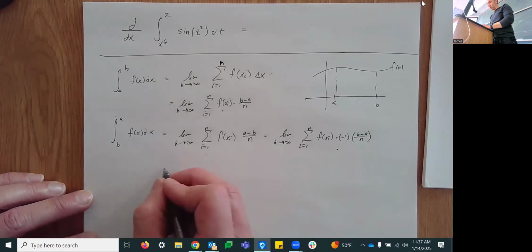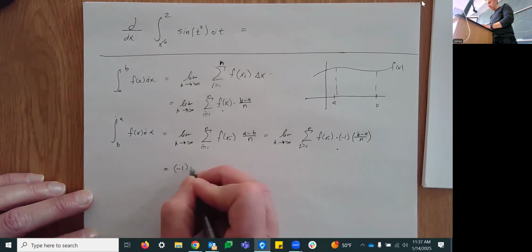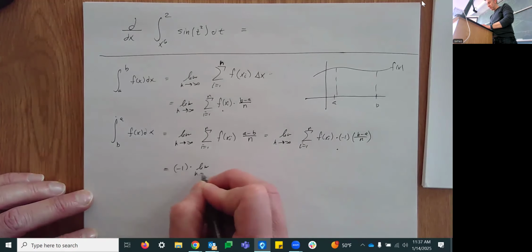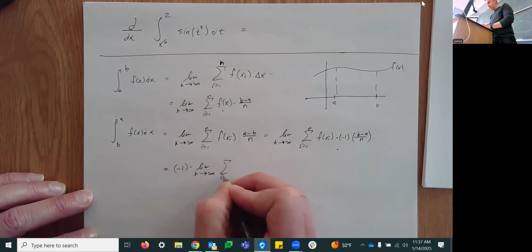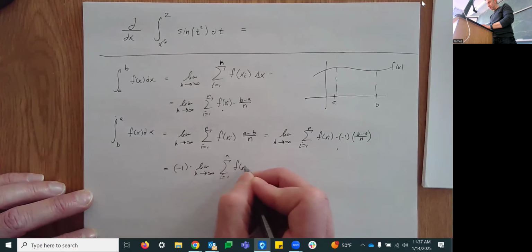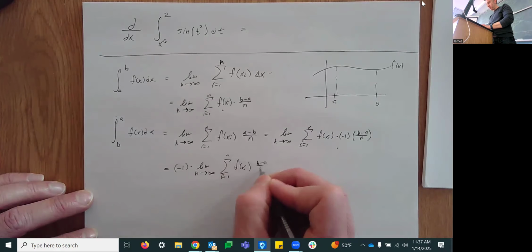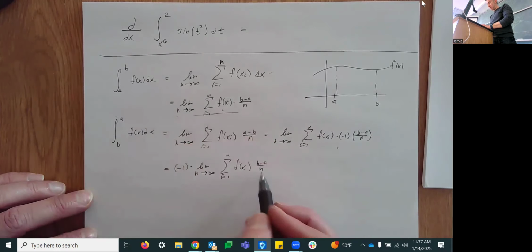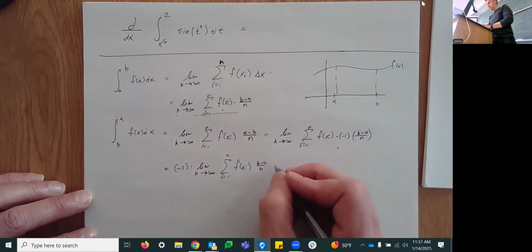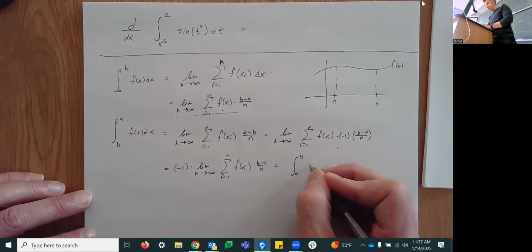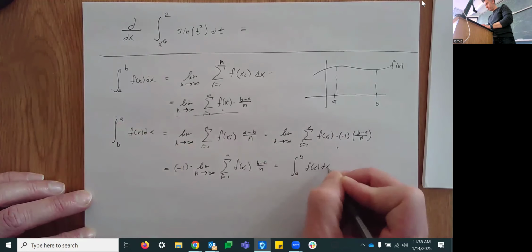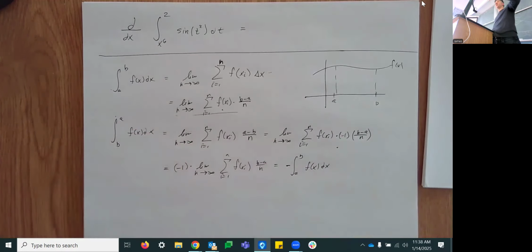So this is totally equal to -1 times the limit as n goes to infinity of the sum from i equals 1 to n of f of x sub i times b minus a over n. But that is just the original integral. Or, long story much shorter, when you interchange the order of the limits of integration, it changes the sign of your integral.